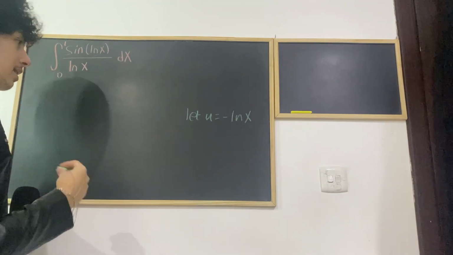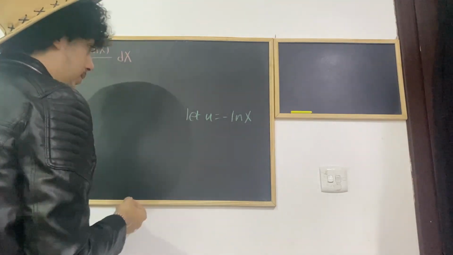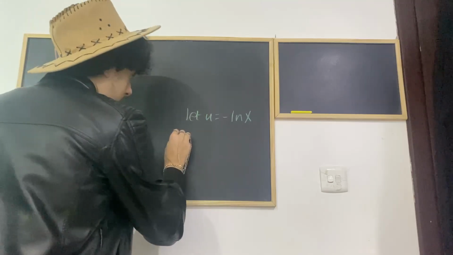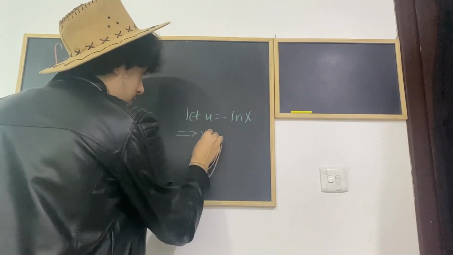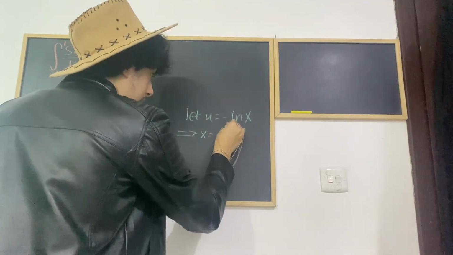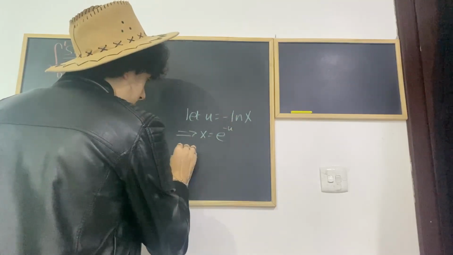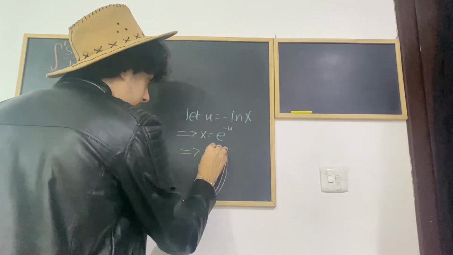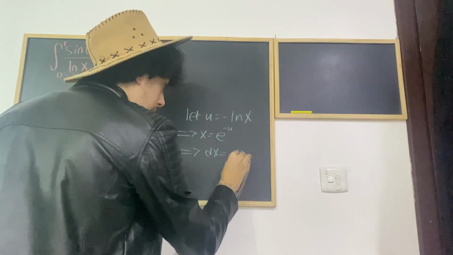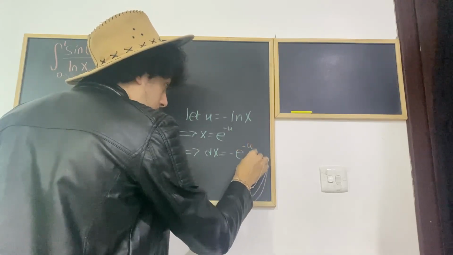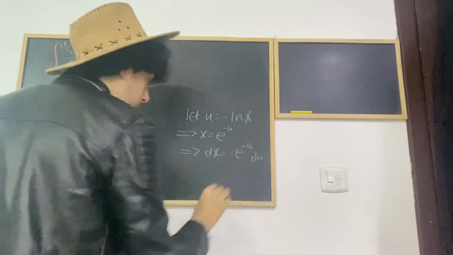So if that doesn't make sense, later on you're going to find out why we used negative ln x instead of ln x. Anyway, this implies that x is equal to e to the power of negative u, which implies that dx is equal to negative e to the power of negative u du.